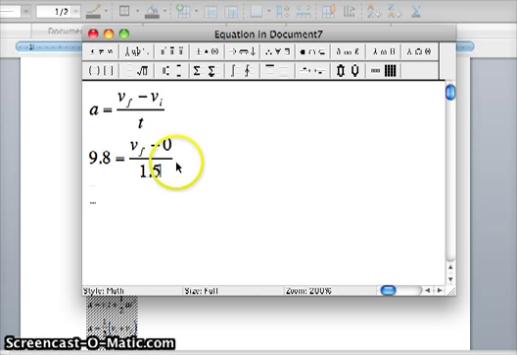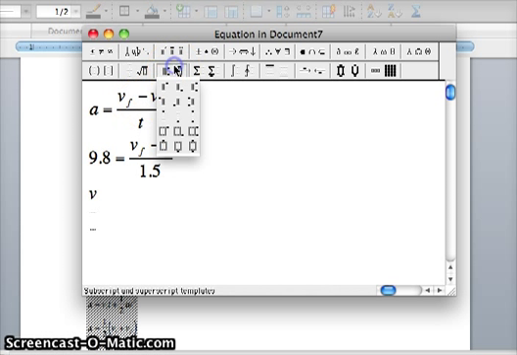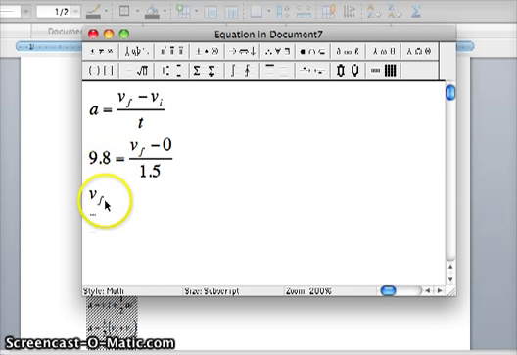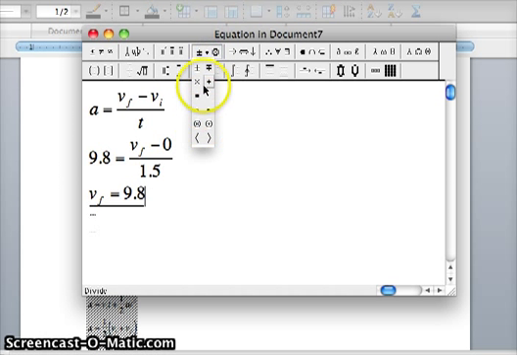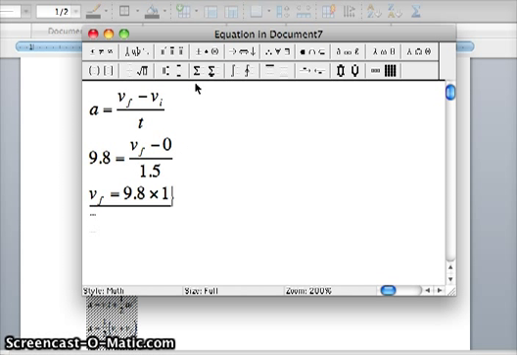So our final speed is 9.8 times 1.5, which is 14.7 meters per second.